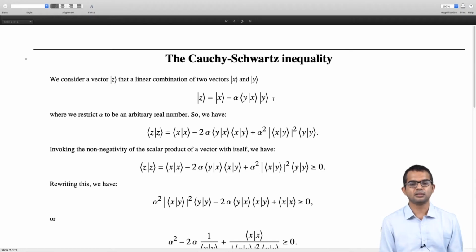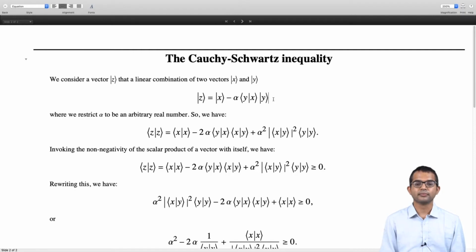But let's say that these two are generic vectors x and y, and we take the special linear combination of x and y, right? In general, we could have put some arbitrary coefficient here, but we already have this wisdom from hindsight, and we saw there that there was a nice result that could be extracted by considering this a dot b.